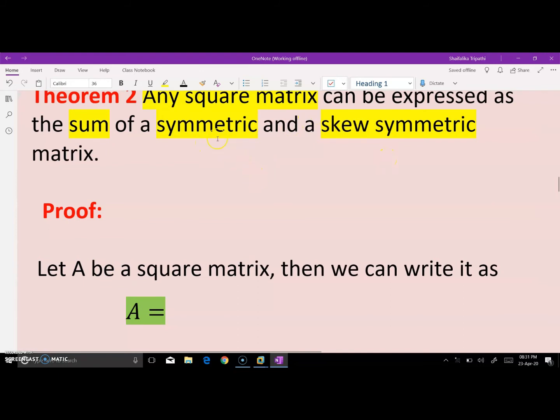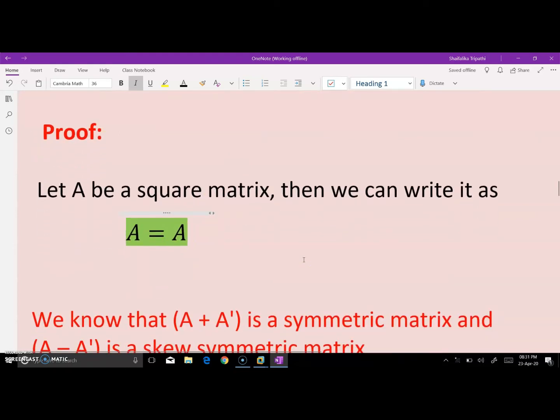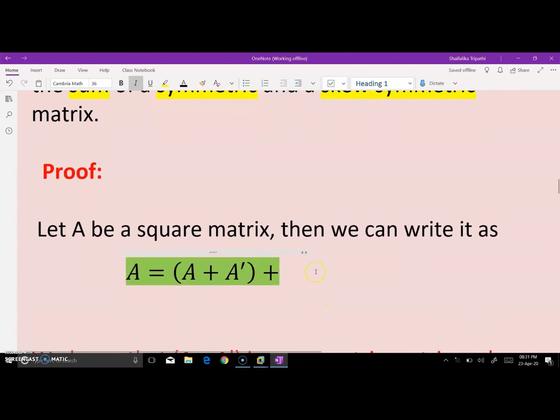So as we have already proved in the last theorem, we have A plus A dash, meaning A transpose, which is a symmetric matrix. And similarly plus, because we have to express this as the sum of symmetric and skew symmetric, this is A minus A transpose, that is skew symmetric.